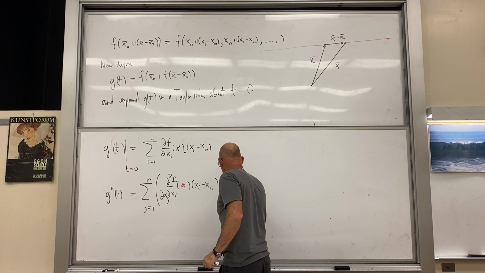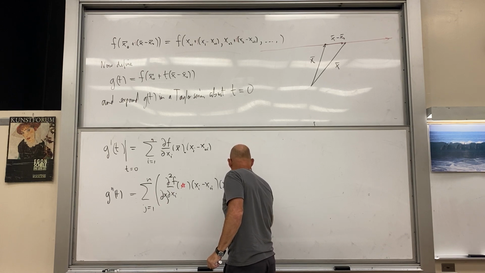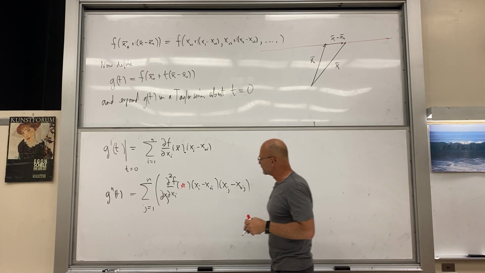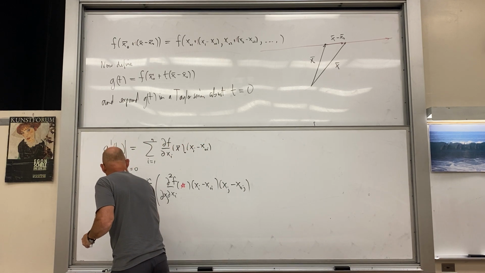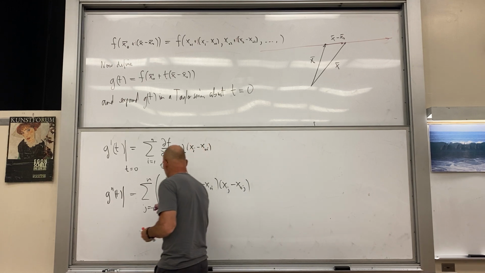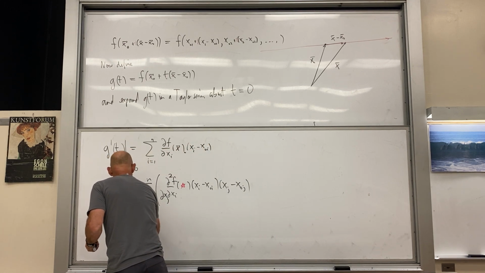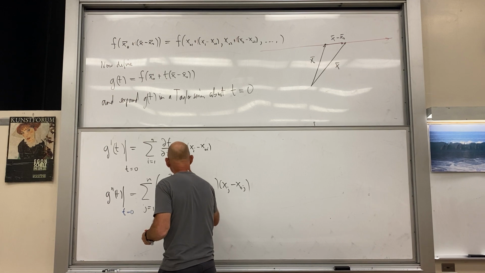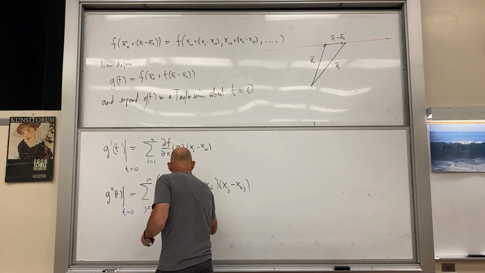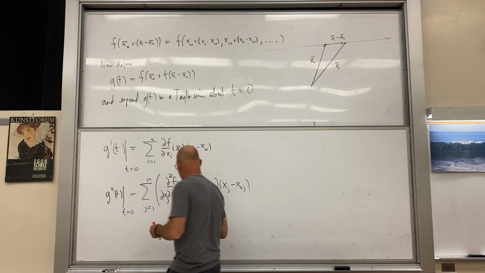So xj minus x0j. And if we evaluate at t equals 0, here, let's try this with some colors. Evaluate this at t equals 0, then we're going to evaluate that at x0 again. Okay.